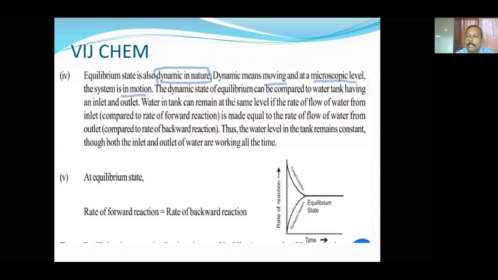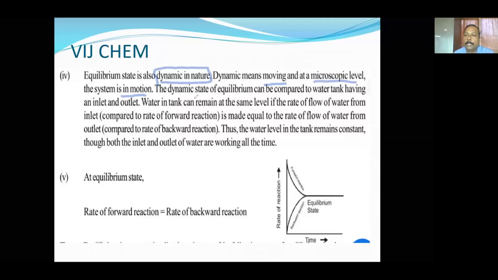That is what dynamic in nature means. Like people say he is a dynamic personality: a lot of thinking is going on, but it does not come out on his face.